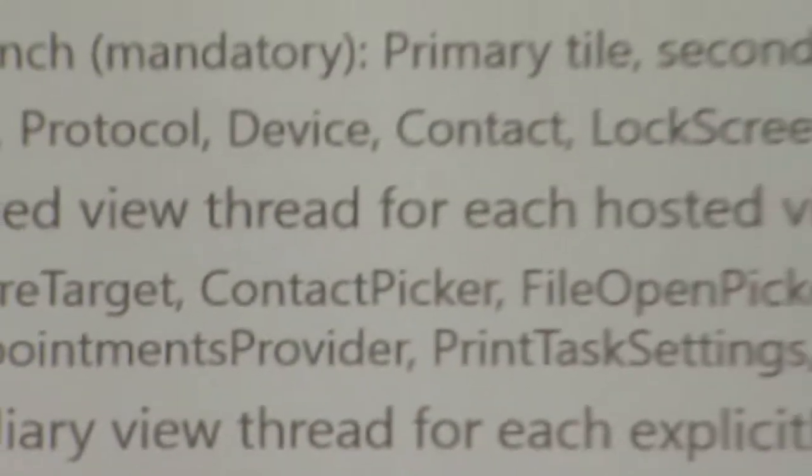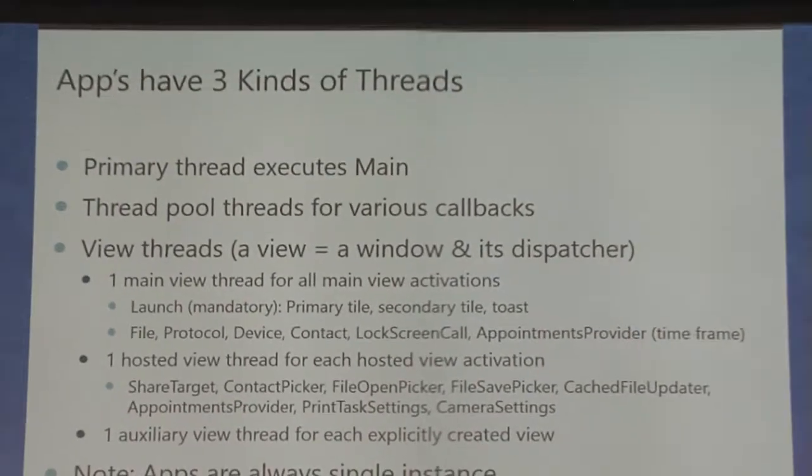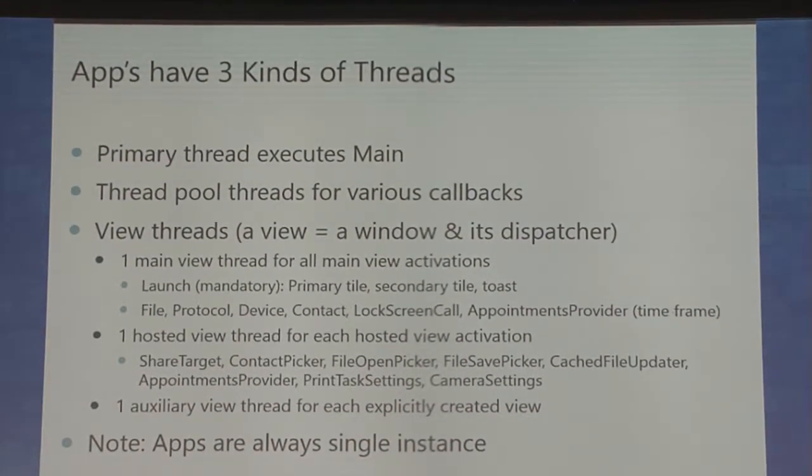With Windows Store apps, your primary thread executes main and initializes the process, and then the operating system creates another thread in your process, which we call a view thread. And a view thread is like the graphical user interface thread. Now, more specifically, by definition, a view thread, or this concept of a view, is a window, so that is your drawing surface that goes on the screen, and it also includes the dispatcher.